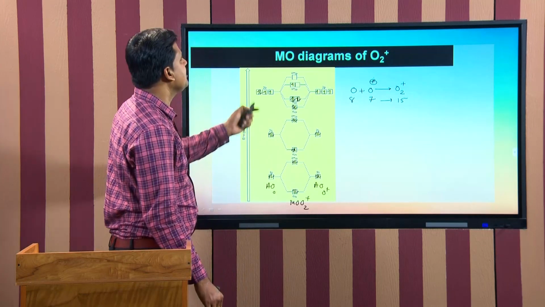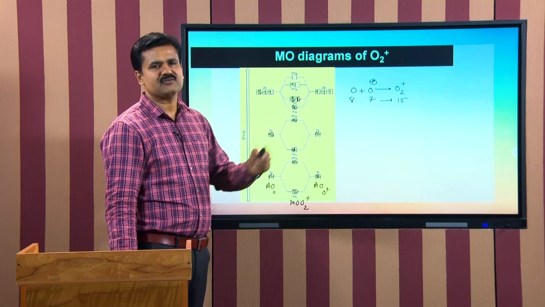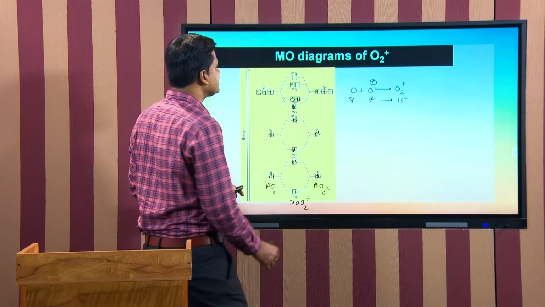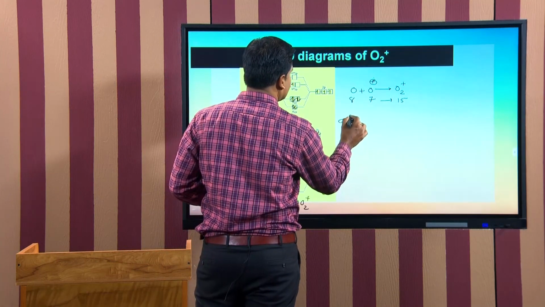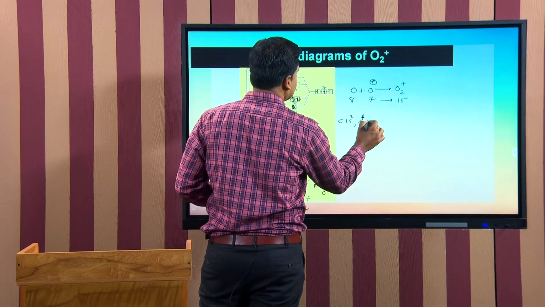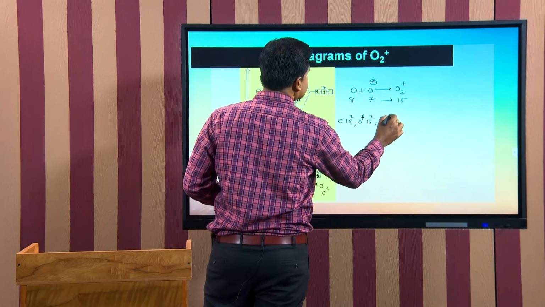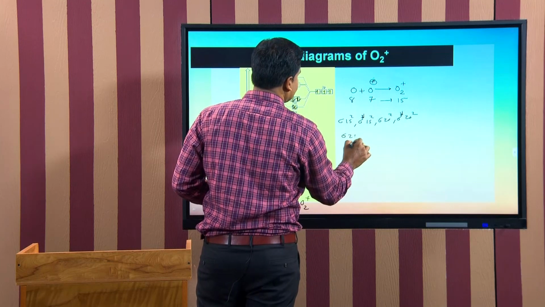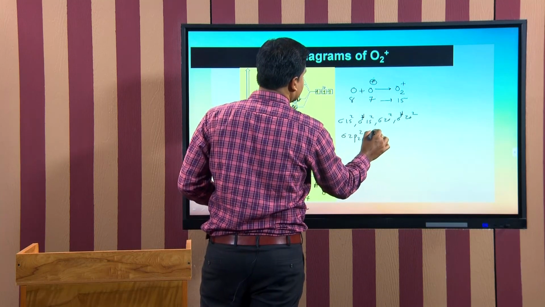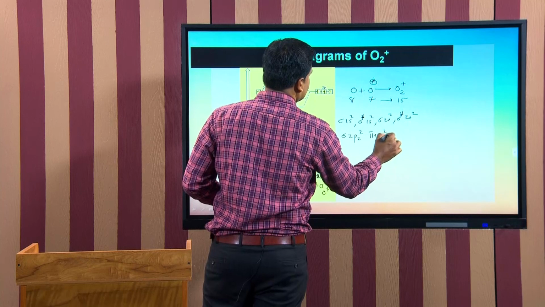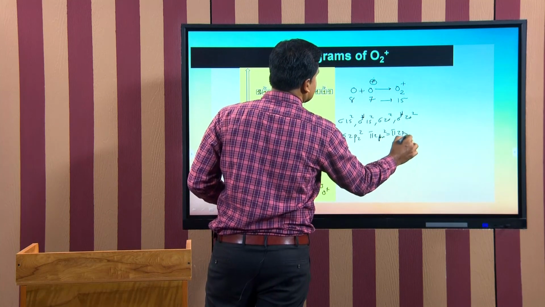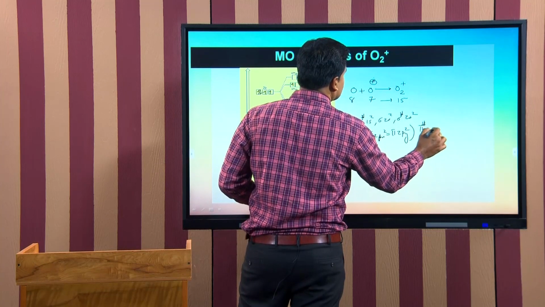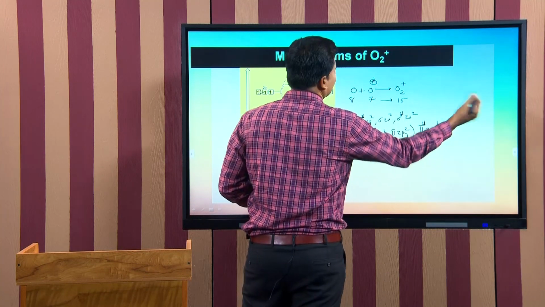So the MO configuration is somewhat similar to that of the oxygen molecule, but it lacks 1 electron, and the MO configuration will be like this: sigma 1s2, sigma star 1s2, sigma 2s2, sigma star 2s2, sigma 2p z2, pi 2p x2 equal to pi 2p y2, and finally pi star 2p x1 or y1.